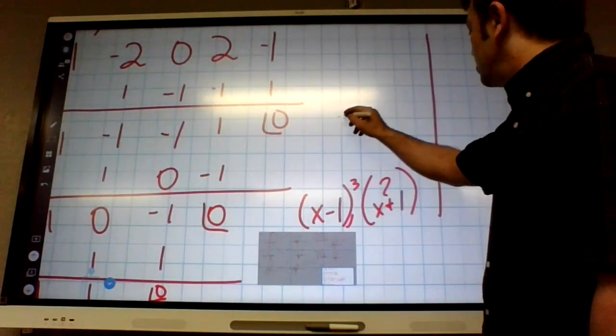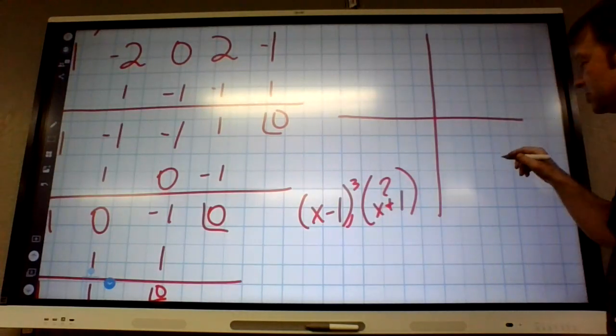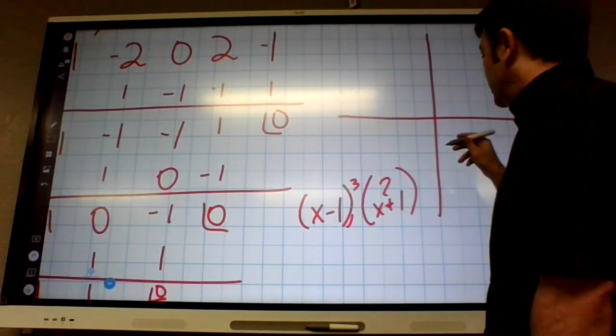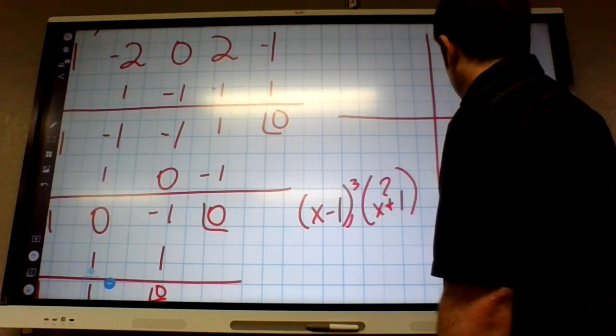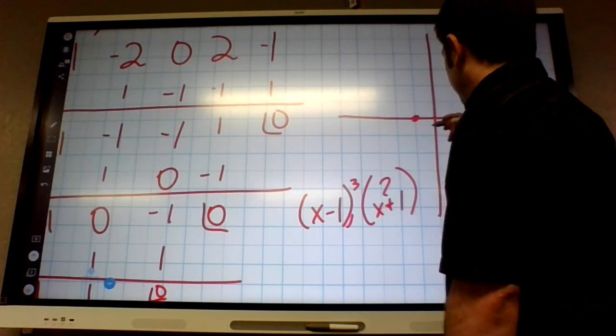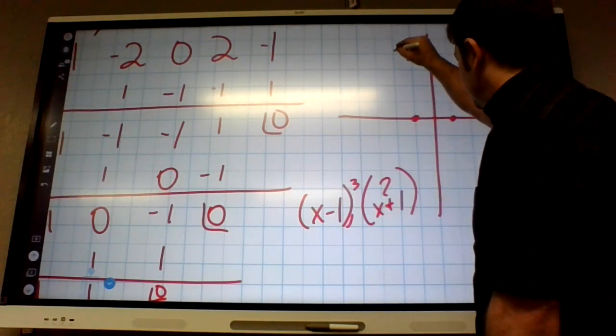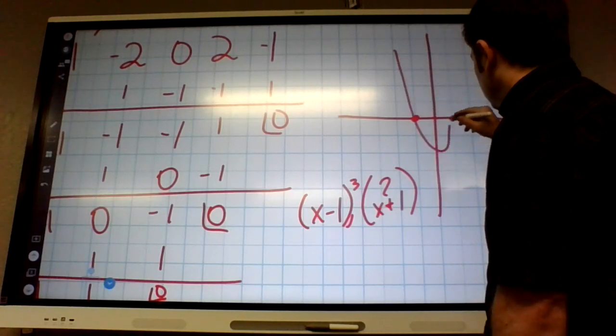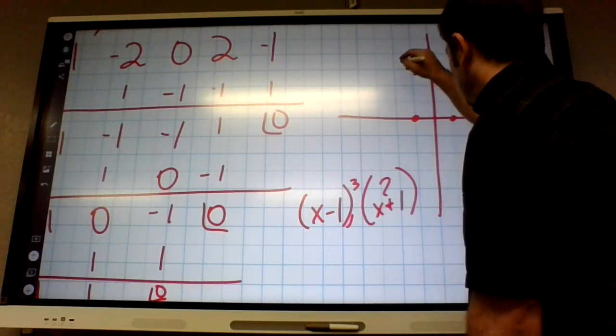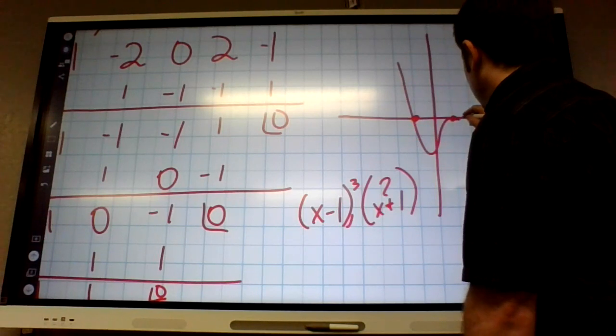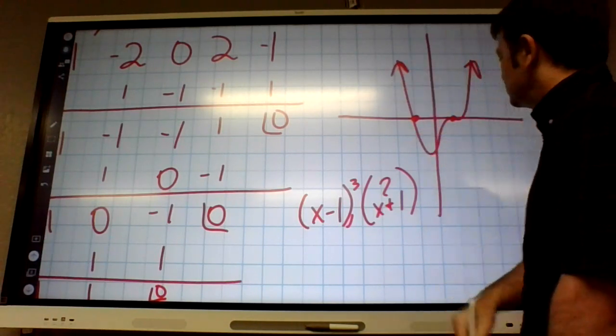What shape does a quartic take? W. This will be a funky W. Triple roots. Get flat and go.